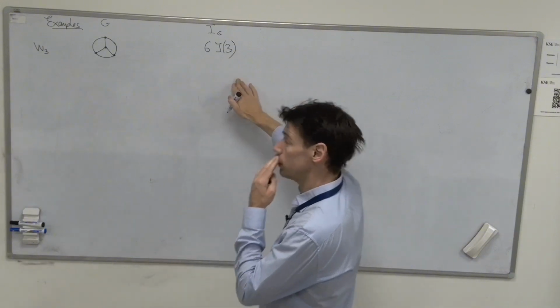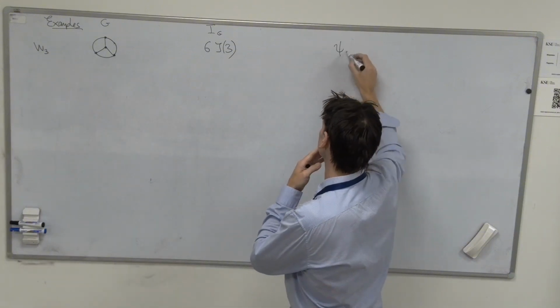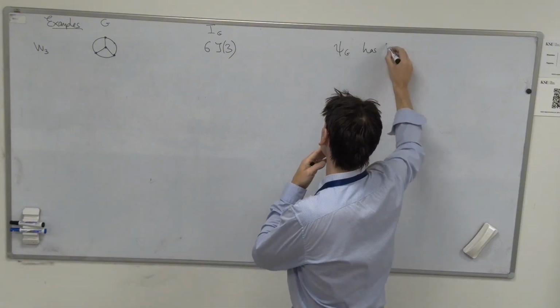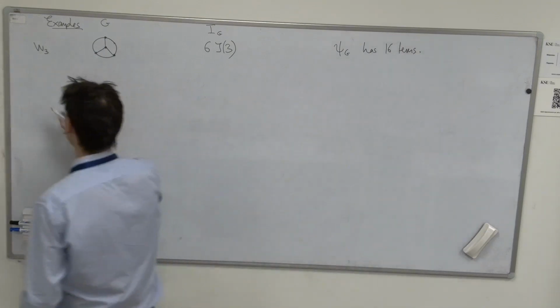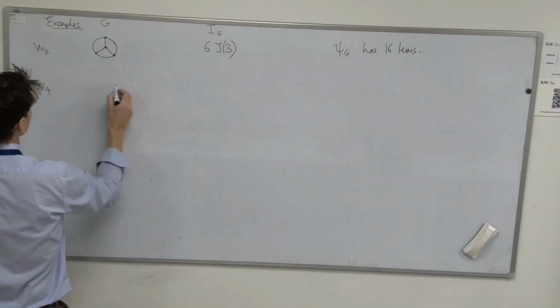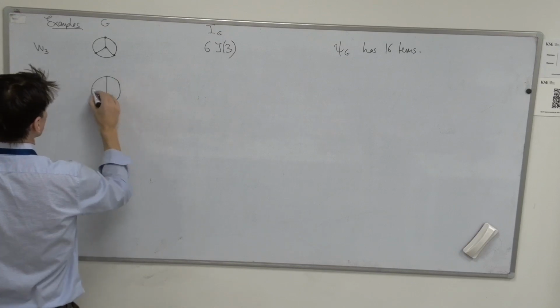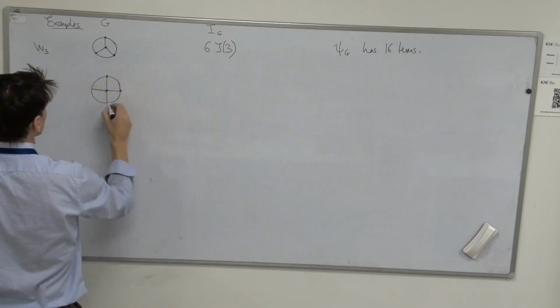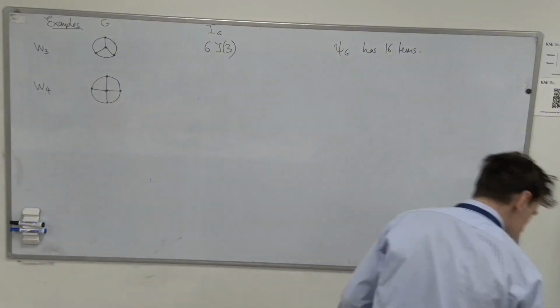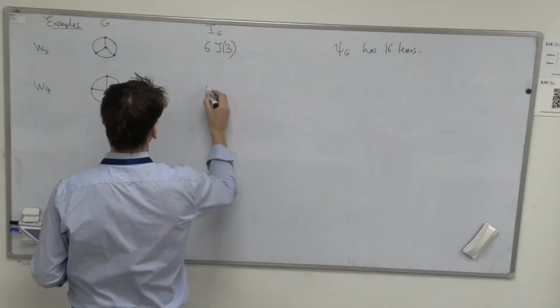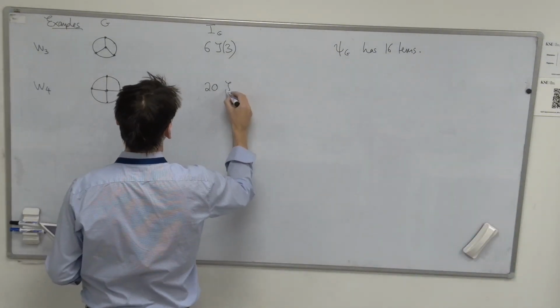This is very difficult to compute. The psi g has 16 terms. Next example, wheel with 4 spokes. Zeta of 5.